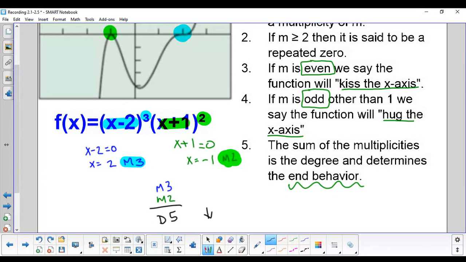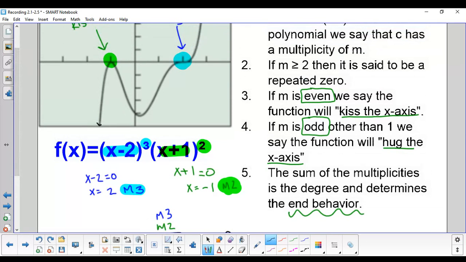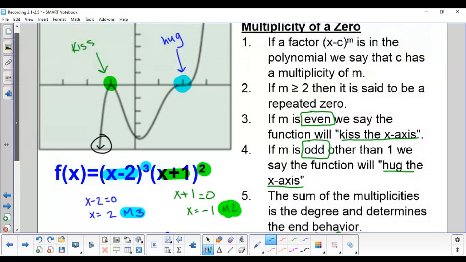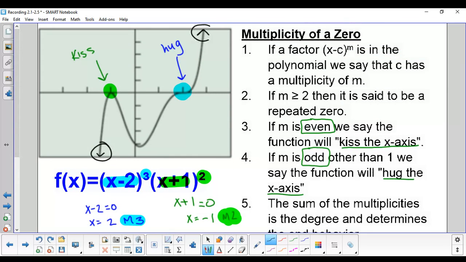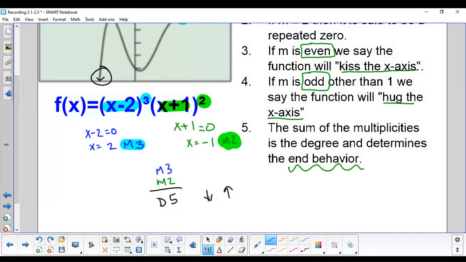That means my end behavior is opposite. So negative infinity here and positive infinity here. Again, remember, I use those arrows as shorthand for end behavior, but it really is just referring to as x gets very small, I list first, and as x goes to positive infinity, I list that second.